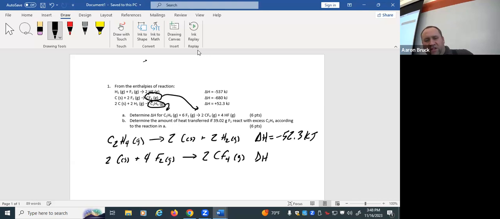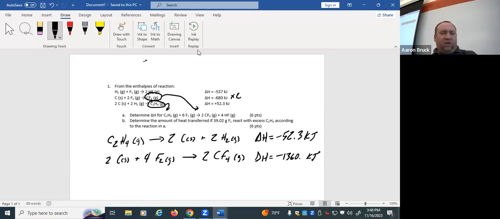And my delta H value is going to be double this negative 680. So negative 1360 kilojoules is going to be our response there.